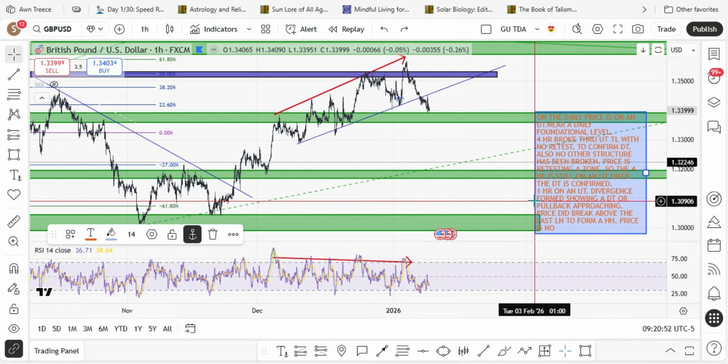Price is now retesting a 4 hour zone and previous level. Oh, it's not previous level of resistance.